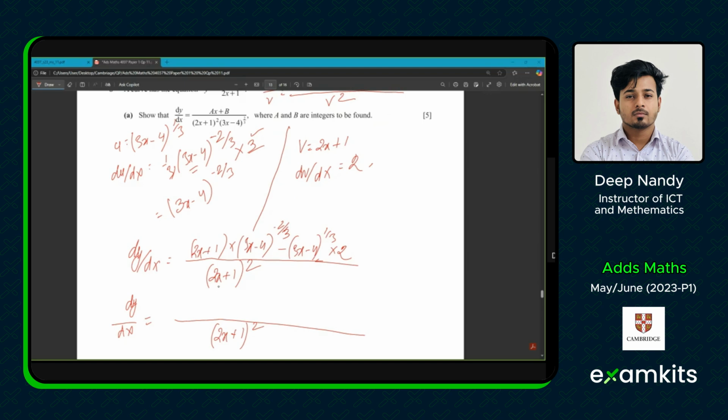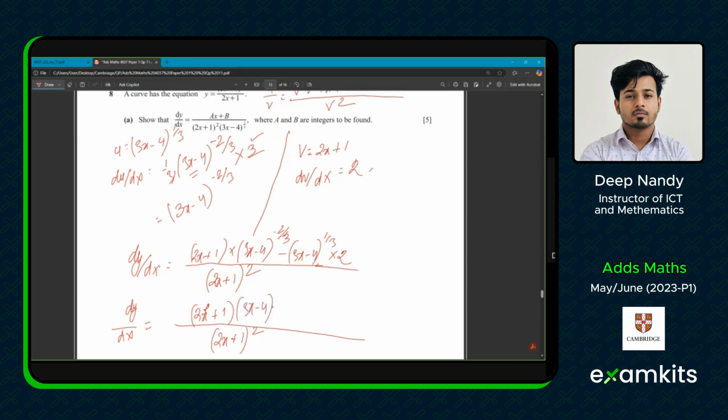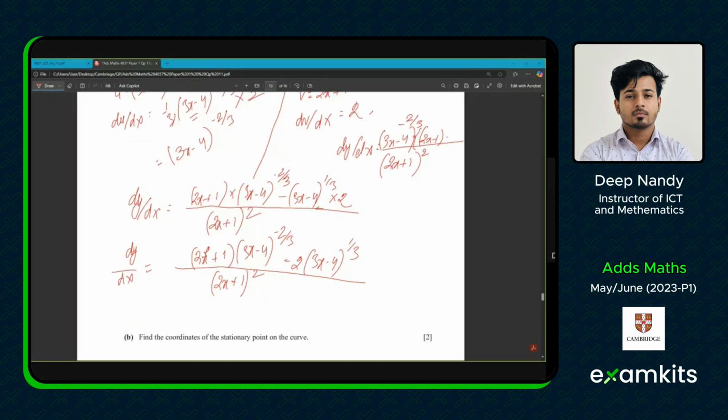Okay, so when we take here x, we can write it 2x plus 1, 3x minus 4 to the power minus 2 by 3. As you know, we have taken the common 3x minus 4.